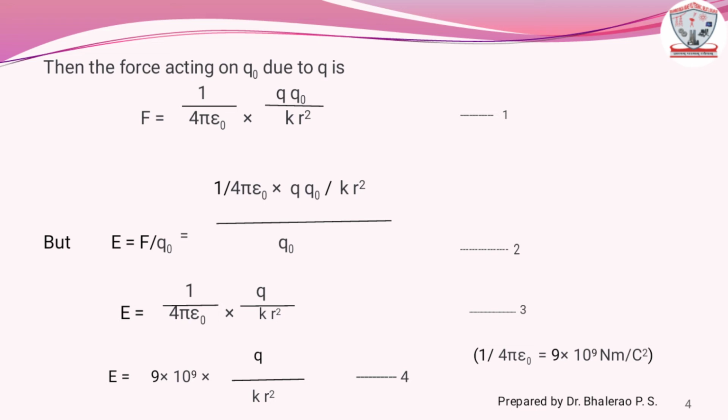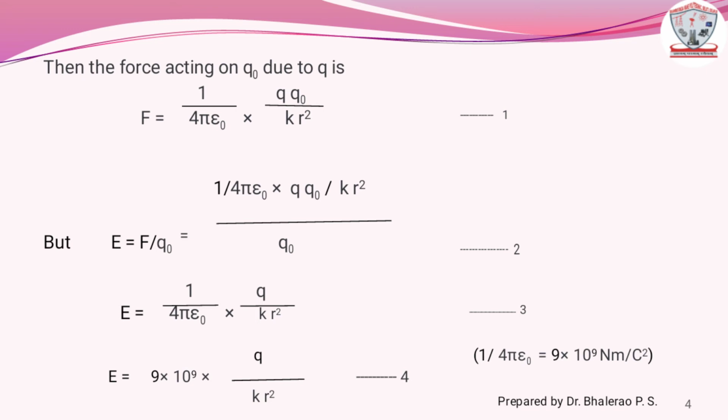Next, E is equal to F upon Q0. E is the electric intensity, which is equal to F, the electric force, upon the charge Q0. Putting the value of force from equation 1 in this equation, we get equation 2: 1 upon 4 pi epsilon 0 into Q Q0 upon K r square, upon Q0.